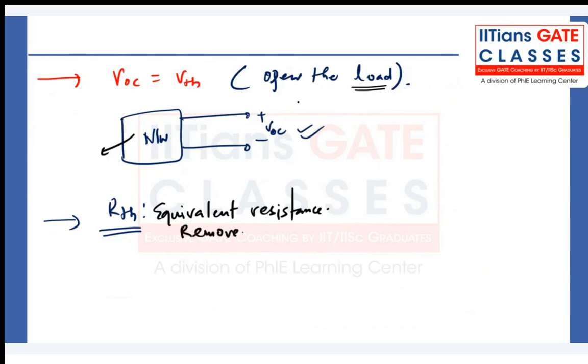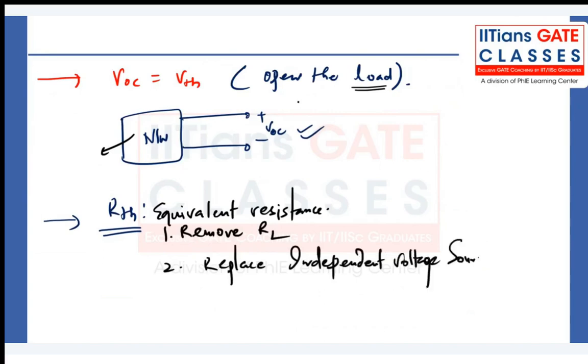Second, replace independent voltage sources by their internal resistance, that is, short circuit, and independent current sources by open circuit. Then you can apply series-parallel combination and determine RTH.